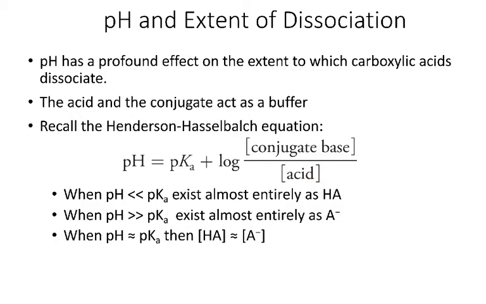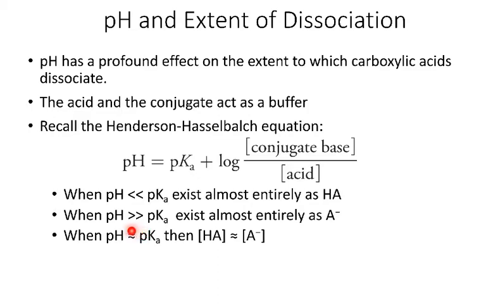And so if we compare the pH to the pKa of the acid, it will tell us what form the compound is going to exist in. When the pH is much less than the pKa, it exists almost entirely in the form of the acid. When the pH is much larger than the pKa, it exists almost entirely as the conjugate base.